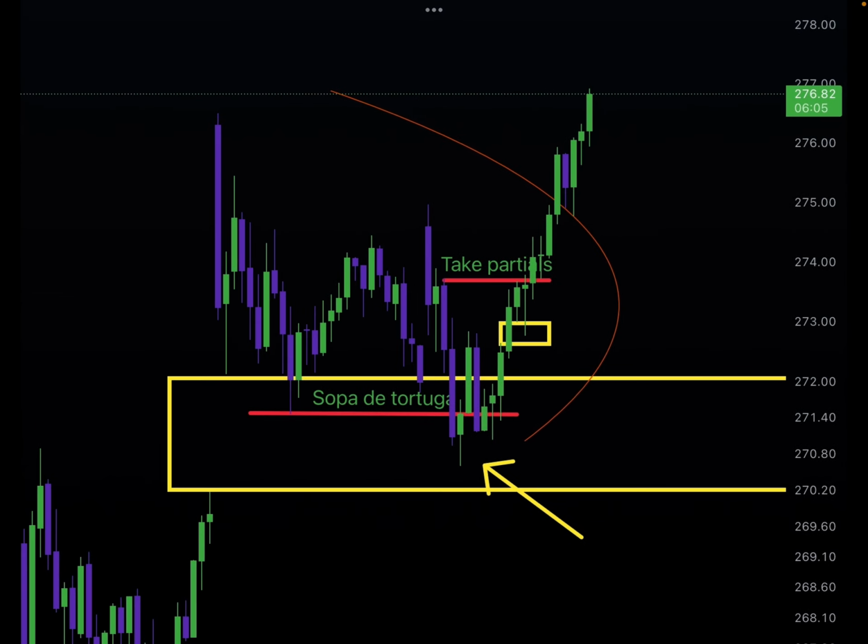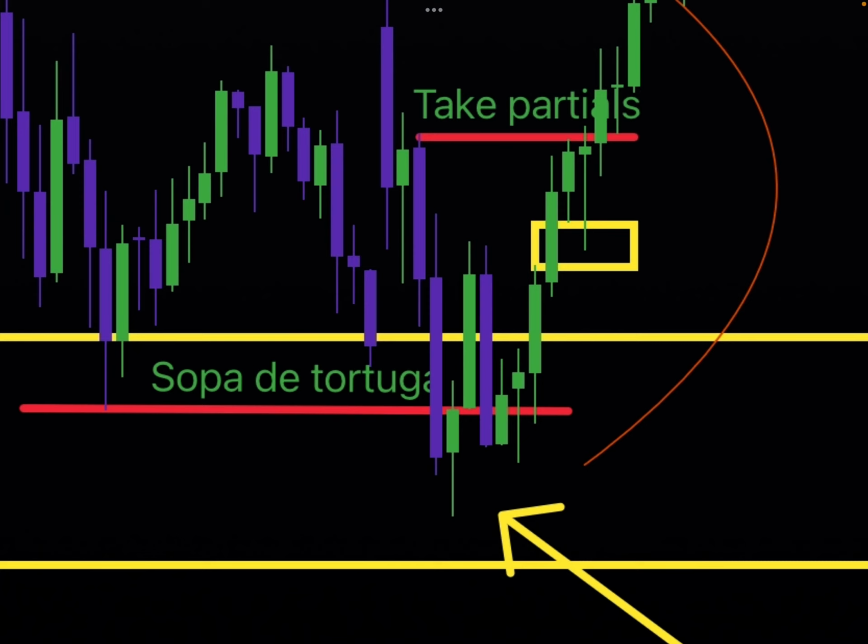Sopa de tortuga. Turtle soup. In Spanish, that's what that means. As soon as that old low was taken out significantly, and I had one run, look specifically where my arrow is. The lowest green candle starts an up run, right underneath that old low.